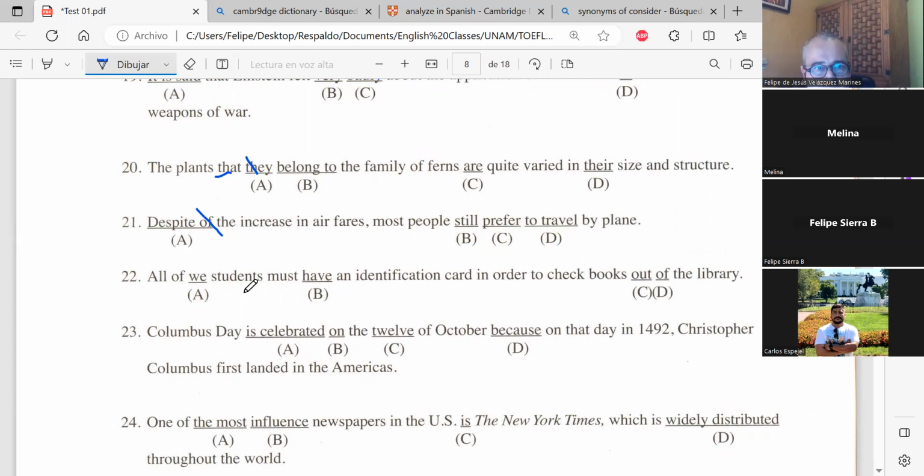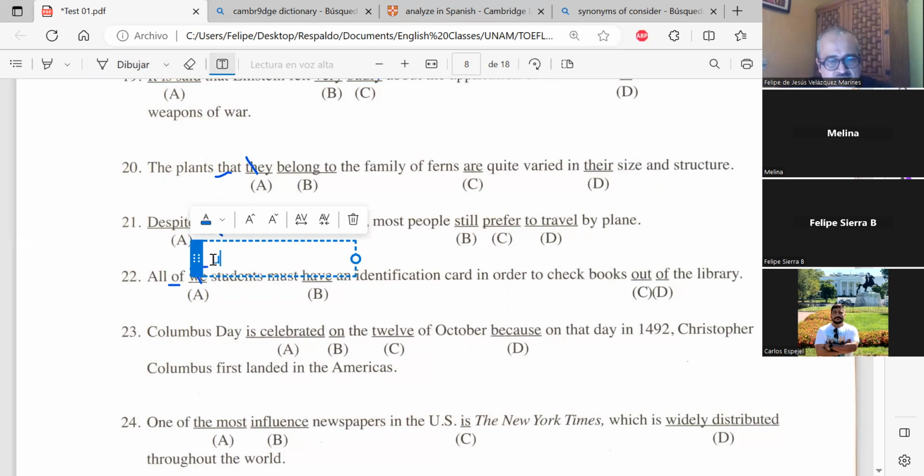Okay. After prepositions, we use object pronouns. So we have to say all of us students or all of the students. Yeah. All of us students or all of the students.